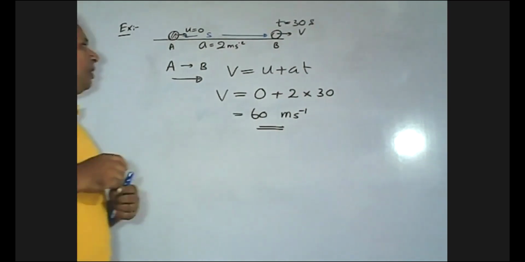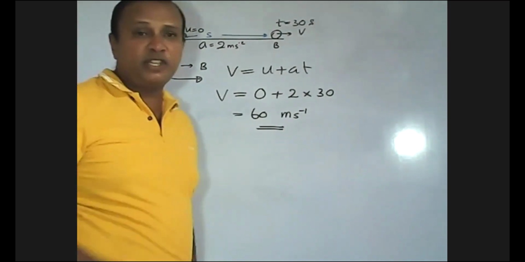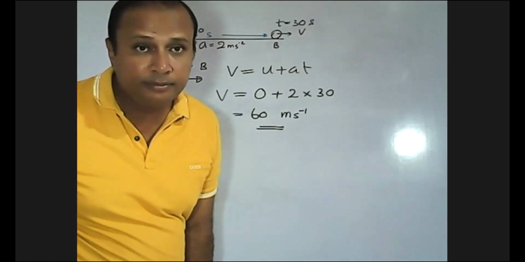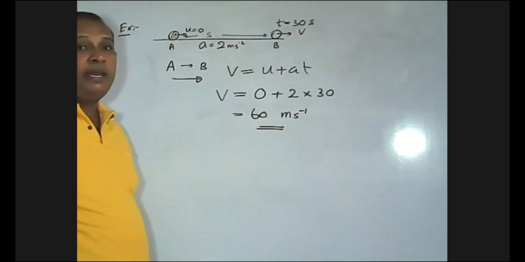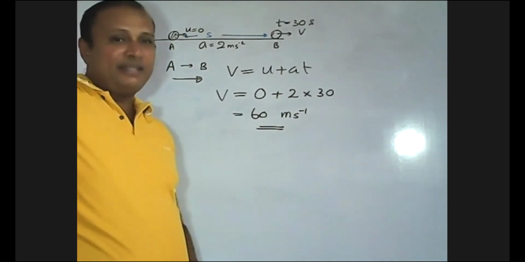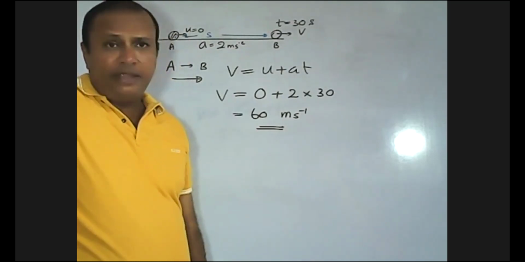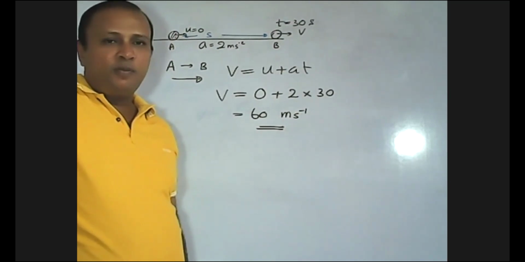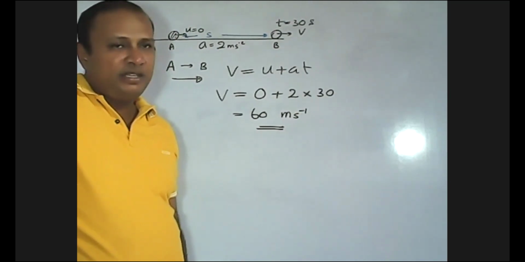Then you have to find the displacement. We don't know S, we have to find S. If you want to find S first, then you can use S equal UT plus half AT square.